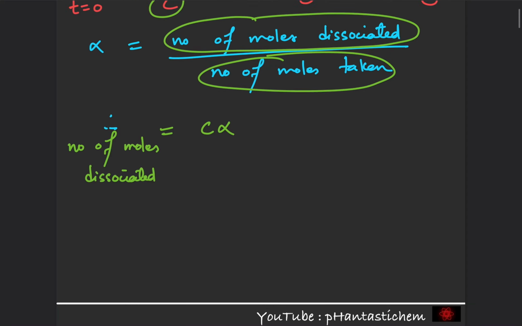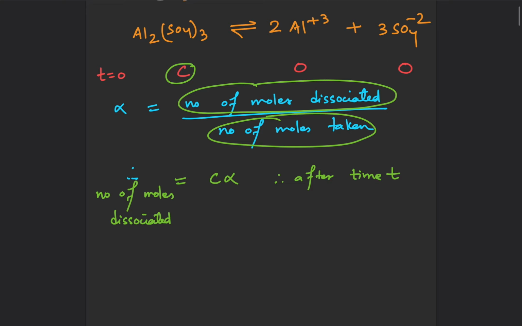So after time t, C alpha has dissociated. So how much will be left? Obviously at time t, C minus C alpha will be left.